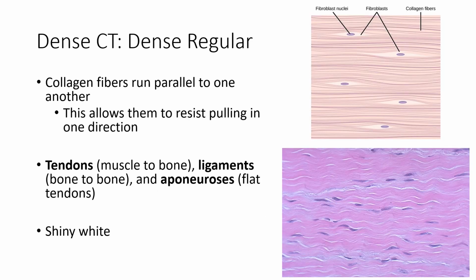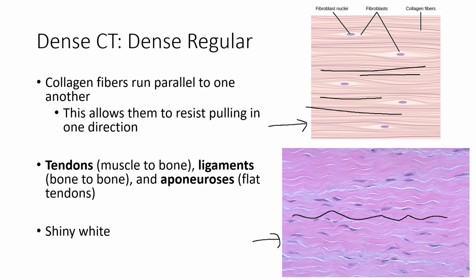This is opposite of dense regular connective tissue. Dense regular, or also known as dense white fibrous connective tissue, the collagen fibers here all run in the same direction. So notice we are just seeing straight lines running across, all in the same direction. Same thing here. They're just kind of wavy.